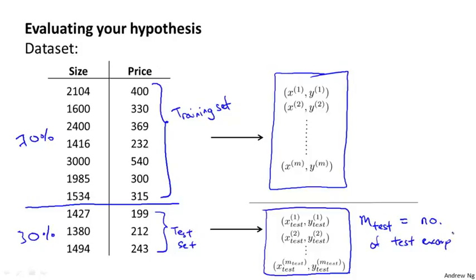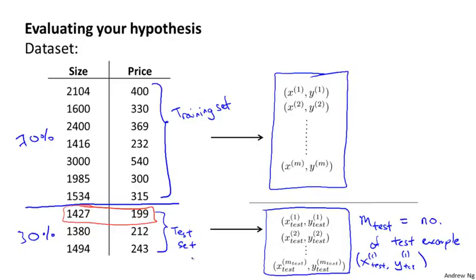And so in general, this subscript test is going to denote examples that come from my test set, so that x1 subscript test, comma y1 subscript test is my first test example, which I guess in this example might be this example over here. Finally, one last detail, whereas here I've drawn this as though the first 70% goes to the training set and the last 30% to the test set.